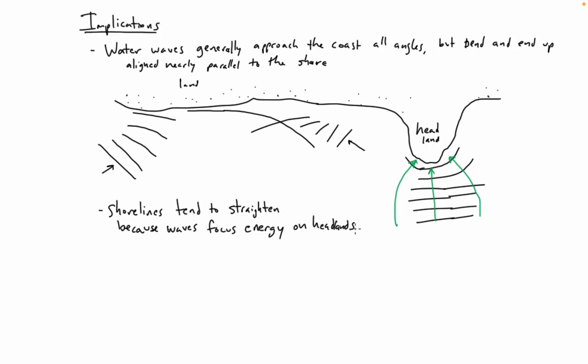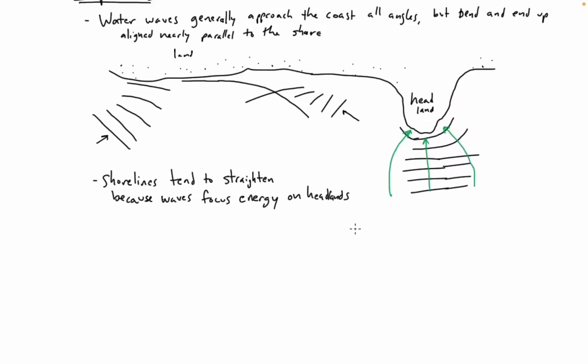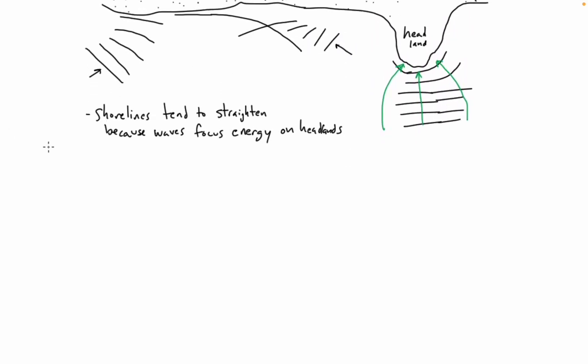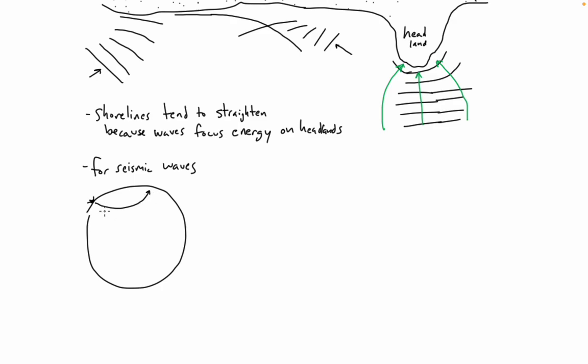And another implication of Snell's law is, for seismic waves, you might have noticed when I drew the Earth, so there's an earthquake here, seismic waves tend to curve upward.